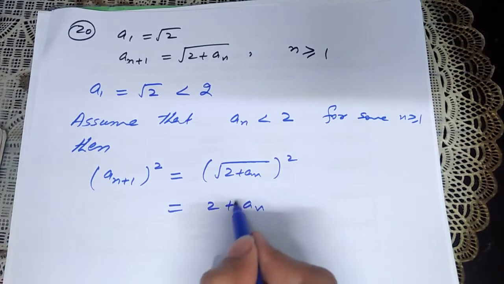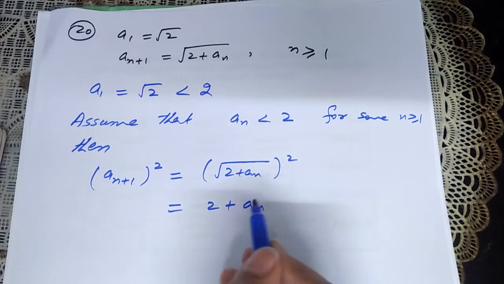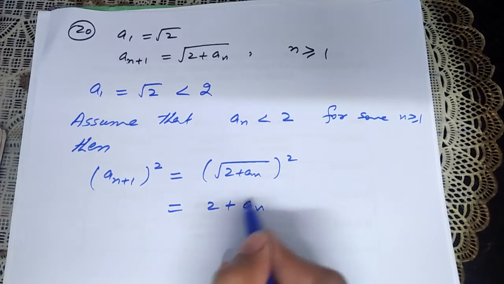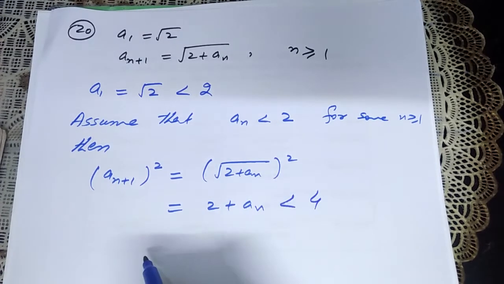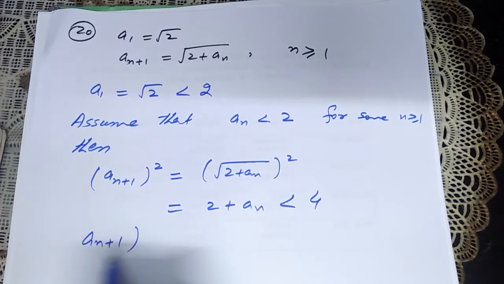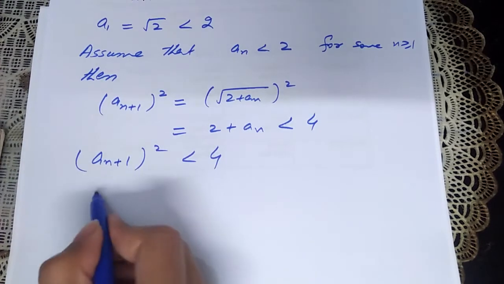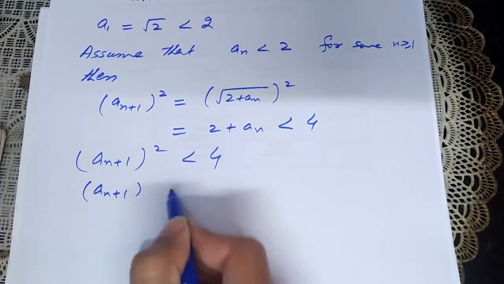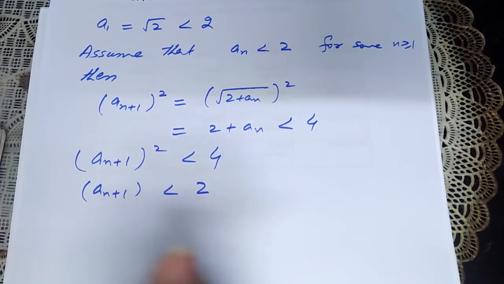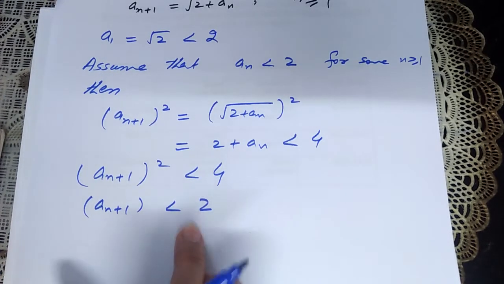And you know that this an is less than 2. So less than 2, if added with this 2, will be less than 4. It is obvious. So it means a(n+1) whole square is less than 4. So this shows that a(n+1) is less than 2. So the sequence is bounded and its upper bound is 2.